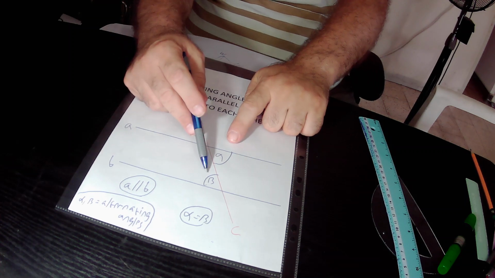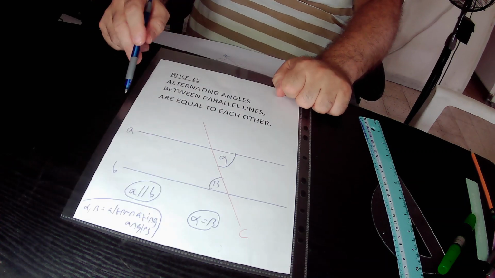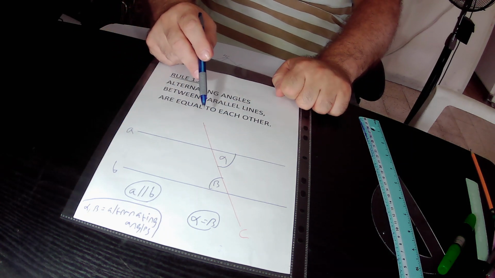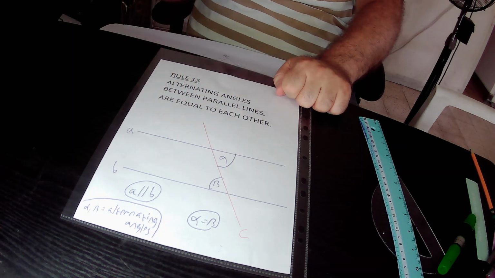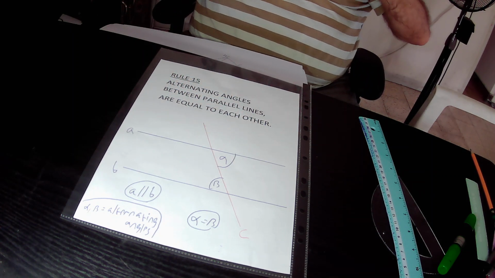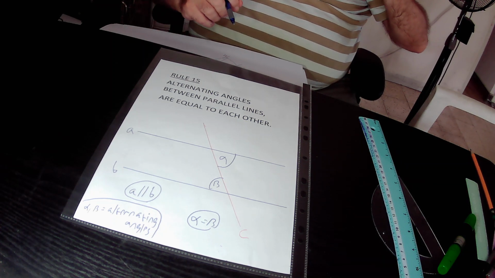Those two angles alpha and beta are defined as alternating angles, and are located between the parallel lines A and B, and therefore they must be equal to each other. That is to say, alpha equals beta. So whenever you have alternating angles located between parallel lines, then they must be equal to each other in their sizes.